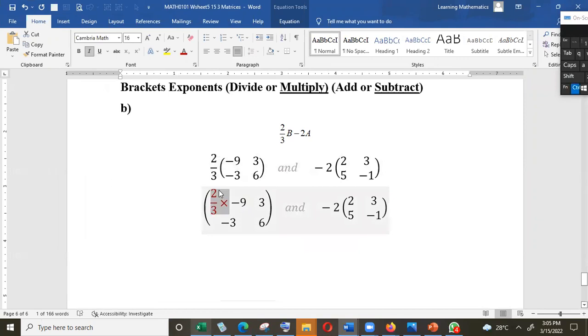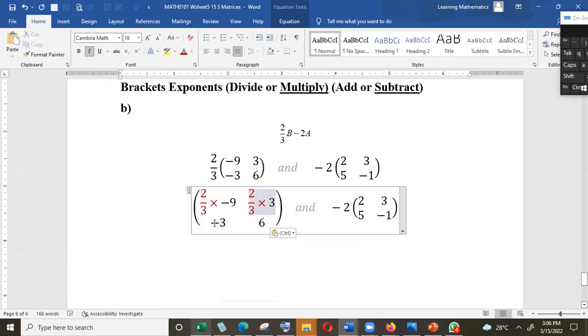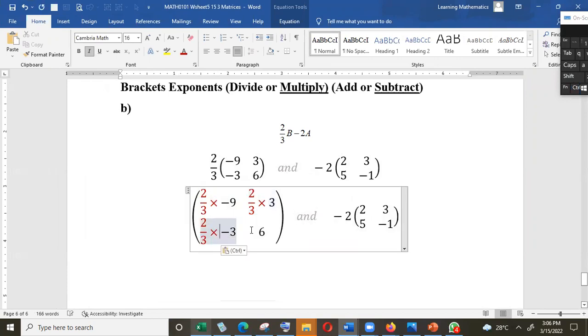Two-thirds by -9, 2/3 by 3, 2/3 by -3, and 2/3 by 6.